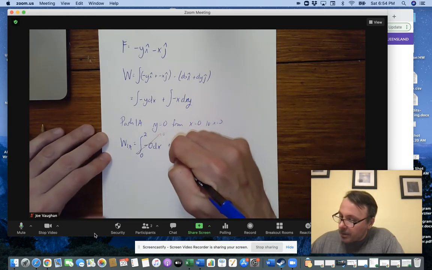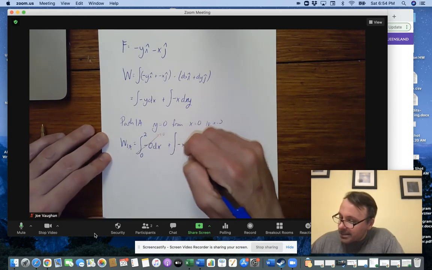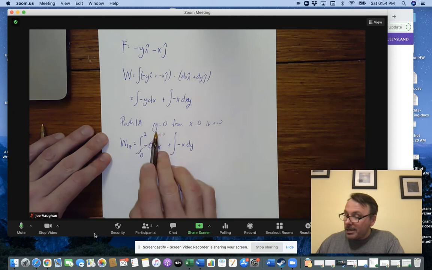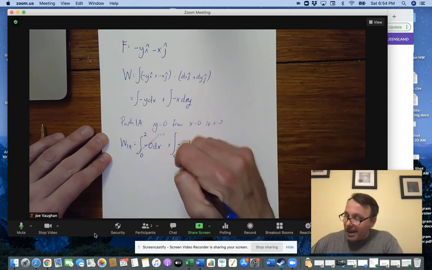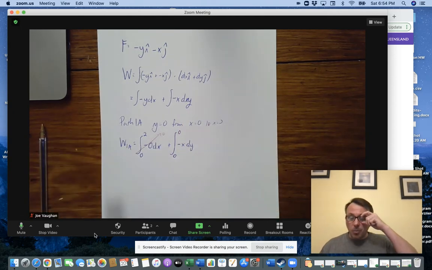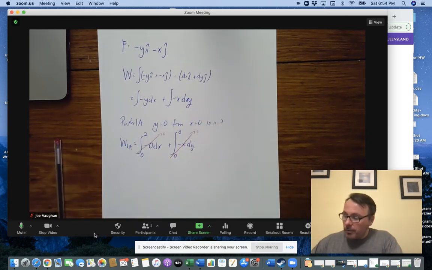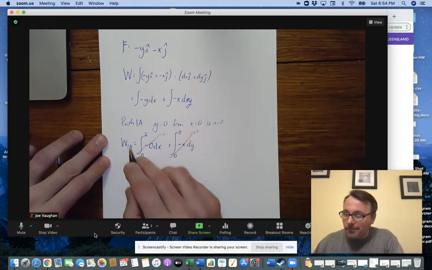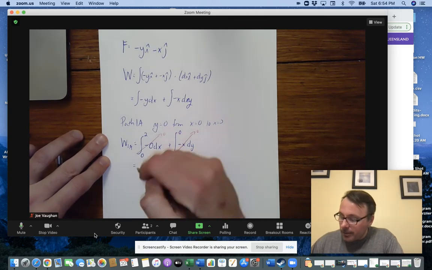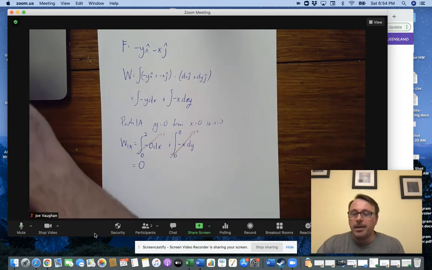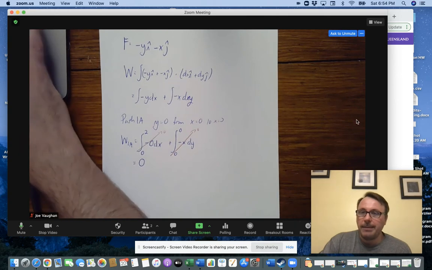And then here we go, negative x dy. Ooh, but because I'm moving along y equals 0, the bounds here are from 0 to 0 because there's no change in y. Perfect. Great. There you go. Apparently, moving along that line, there is 0 work done. And that is a delightful conclusion to that.